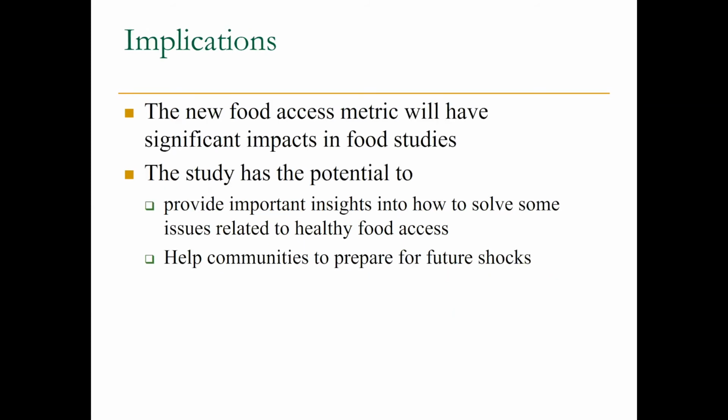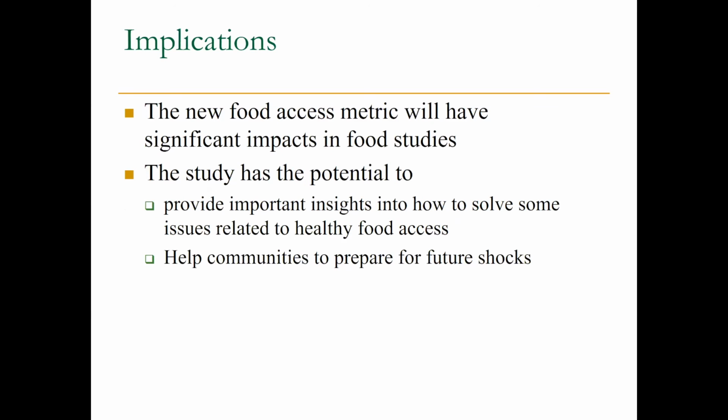As for the implications of the study, I think this new food access metric might have important impacts in the field of food studies, because currently a lot of studies mainly focus on just the spatial aspect.